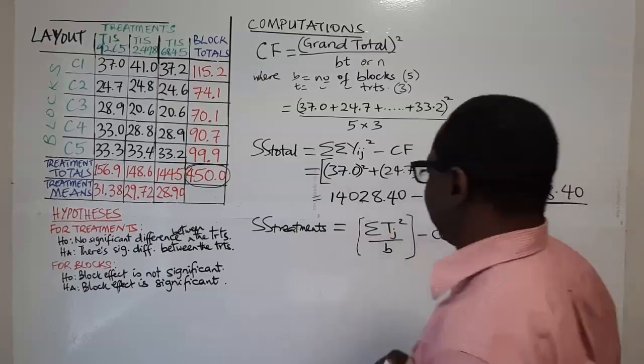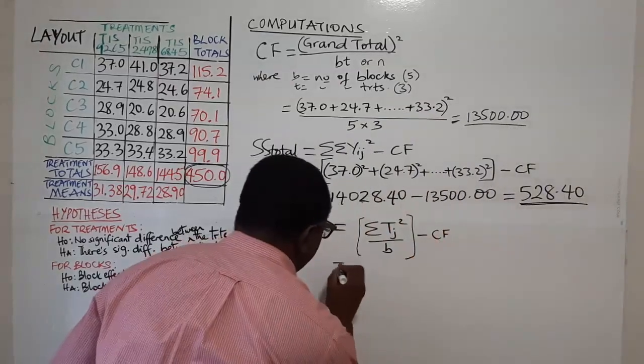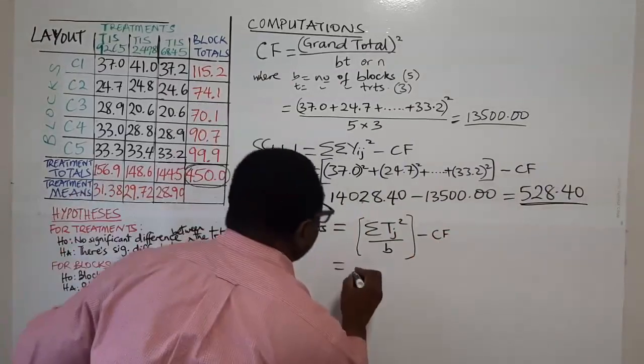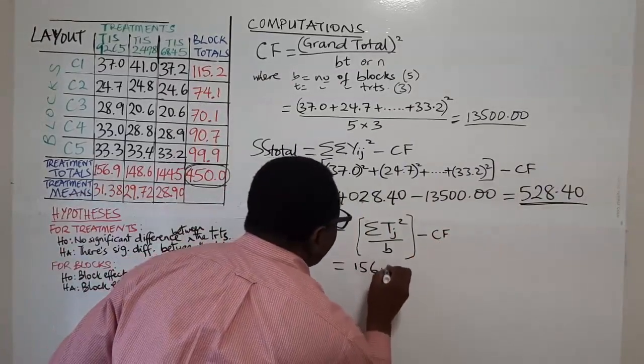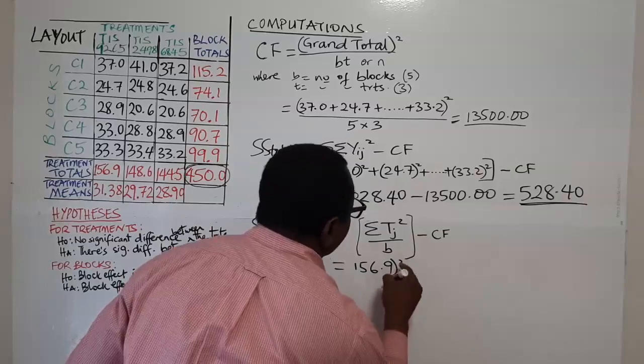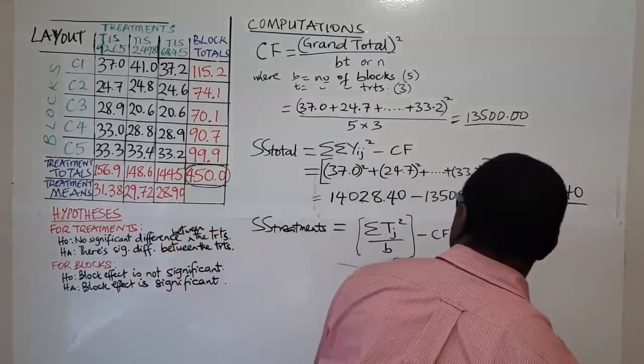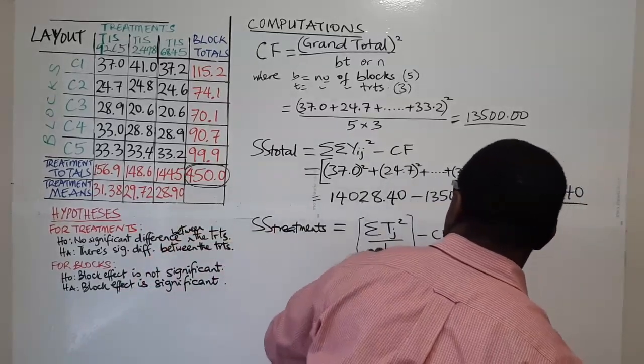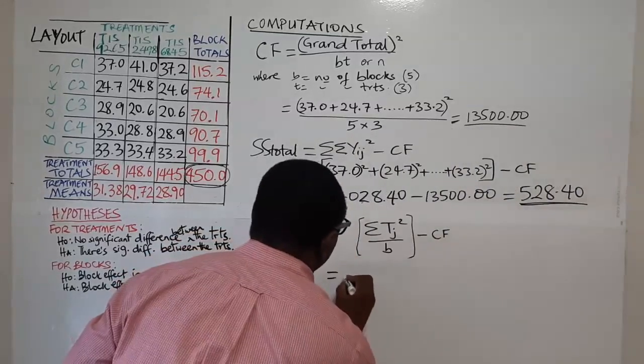So what does this mean? To explain this, it means 156.9 squared. Let's leave a space so that you don't get confused with the clumsy nature.